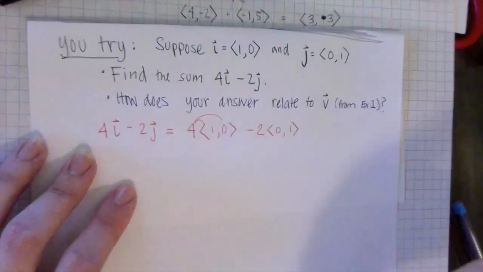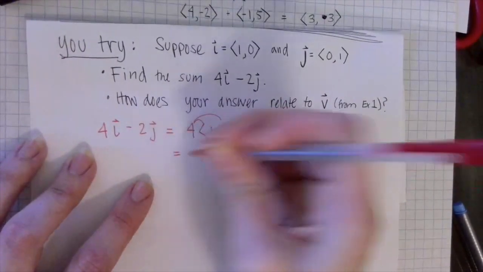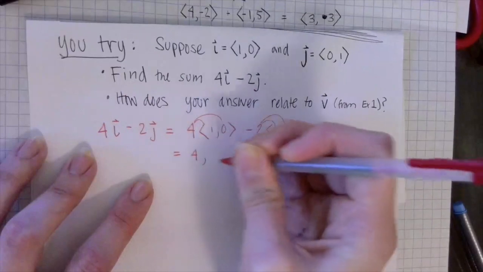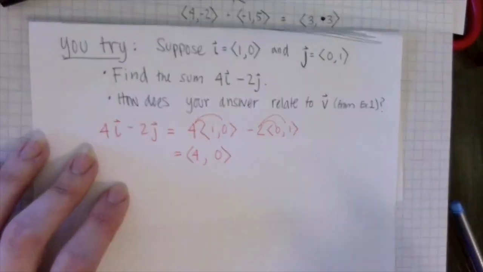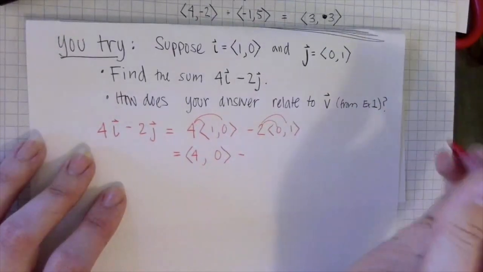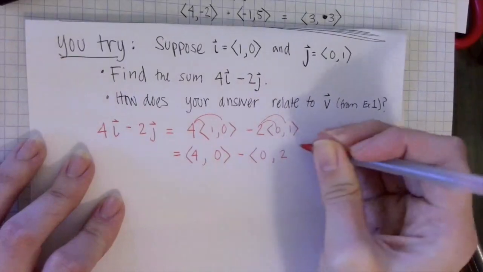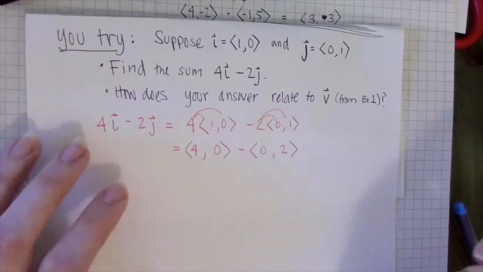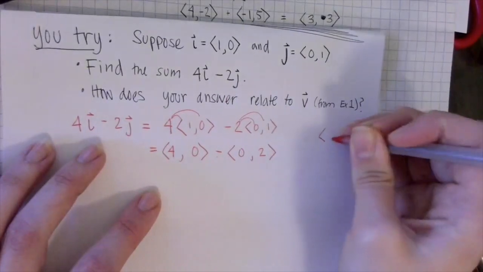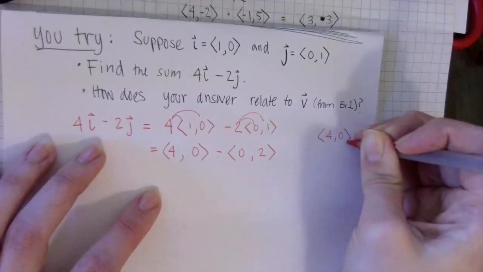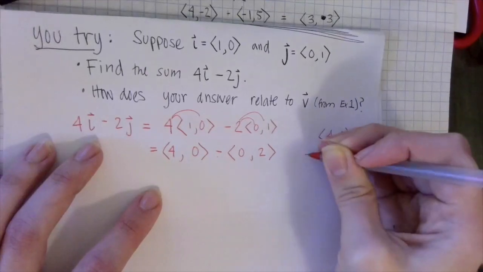I can distribute. So this is going to be 4 comma 0, minus 0 comma 2. Now I can line these up on top of each other, and I'm still subtracting. So I've got 4 comma 0 and 0 comma 2. I'm going to subtract them.